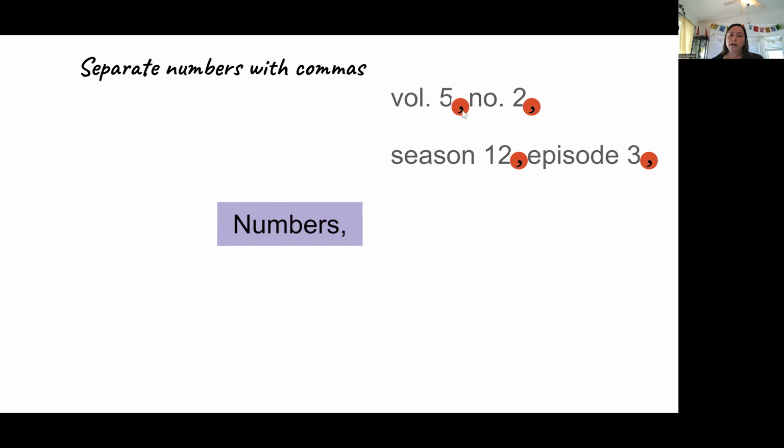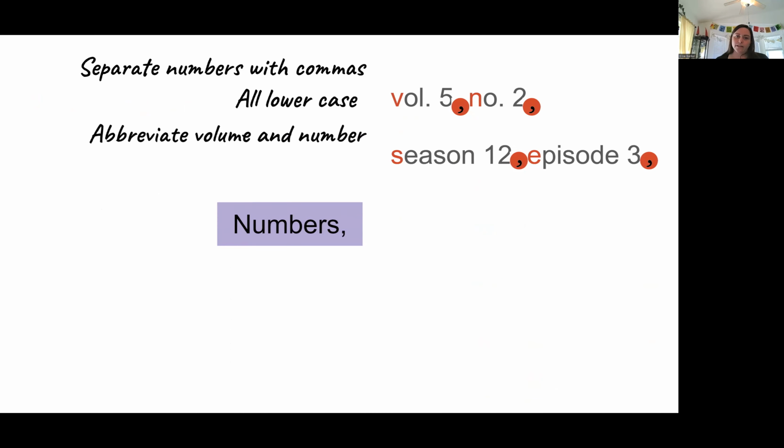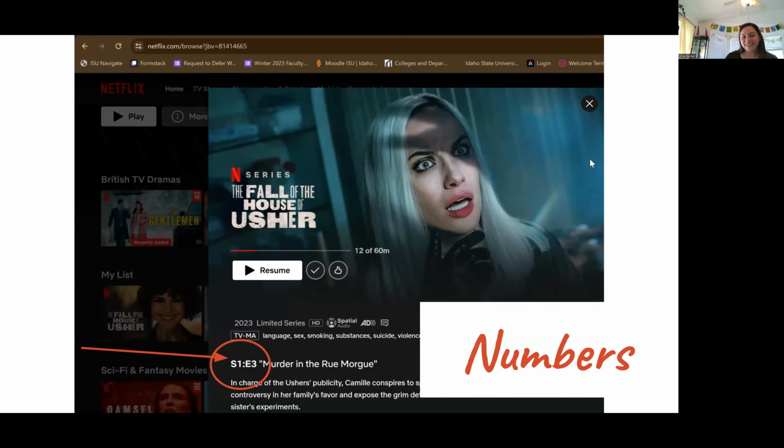So vol. 5, or vol. 5, comma, no. 2, comma, or season 12, comma, episode 3, comma. You'll notice that they are all lowercase. We abbreviated the words volume and number and put a period after those abbreviations, but we did not abbreviate season and episode. I don't know why. It's just the way it is.